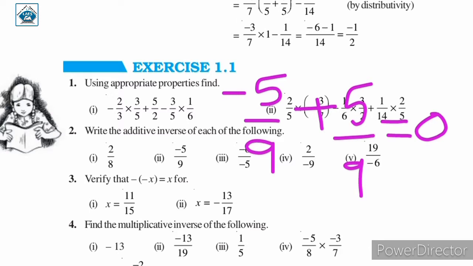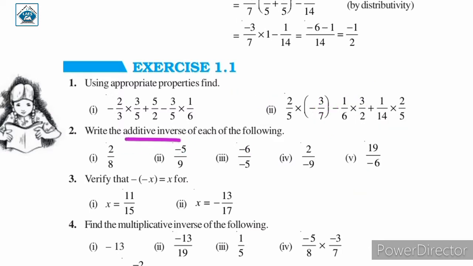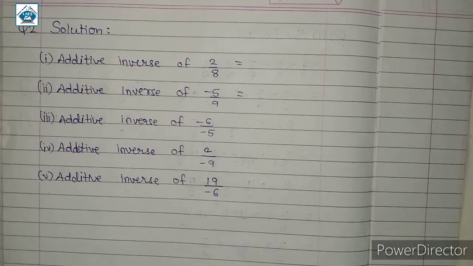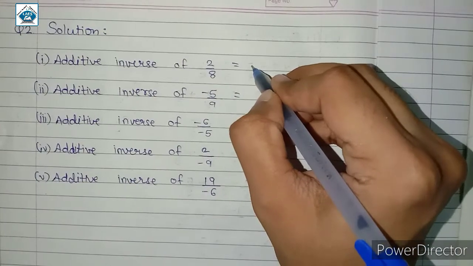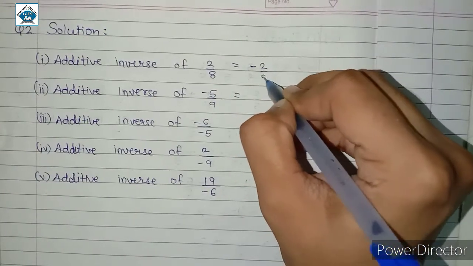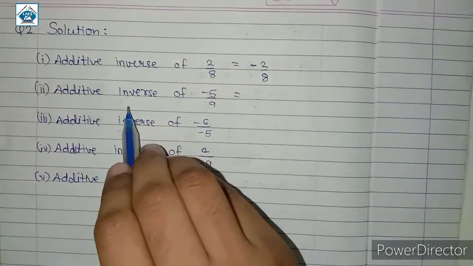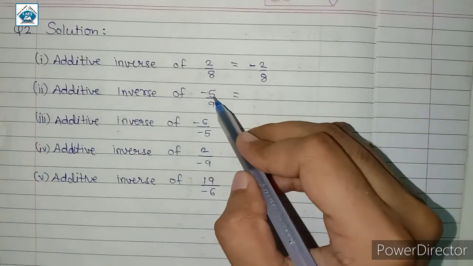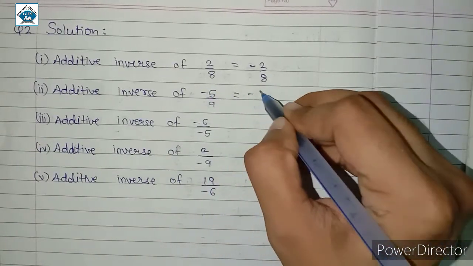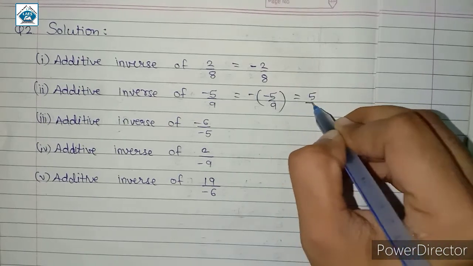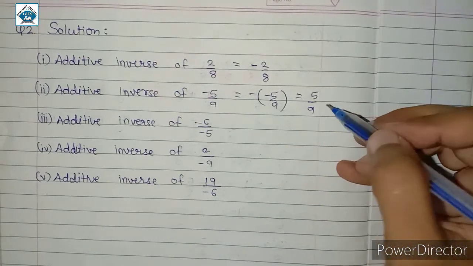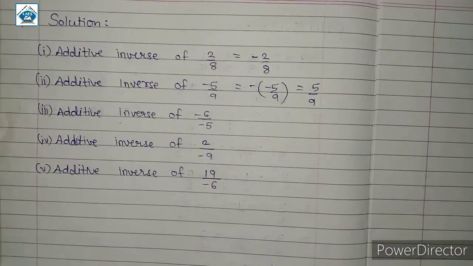In this manner, we need to find the additive inverse of each of these numbers. As we discussed, additive inverse of 2 by 8 is equal to minus 2 by 8. And additive inverse of minus 5 by 9 is equal to minus of minus 5 by 9, which is equal to 5 by 9. This we already discussed.